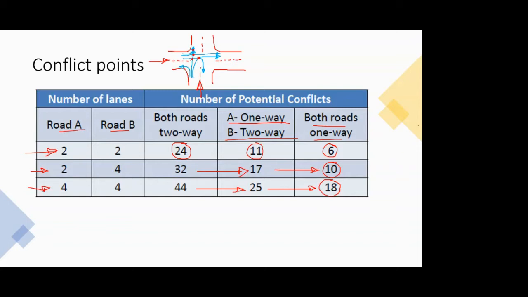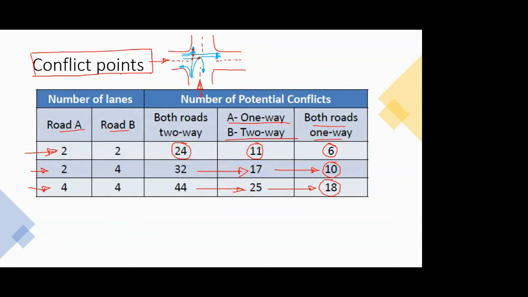So always remember, for a traffic engineer, reducing these conflict points is a very tricky job, or you can say a challenging one, because he or she has to reduce these conflict points without affecting the level of service of the road.